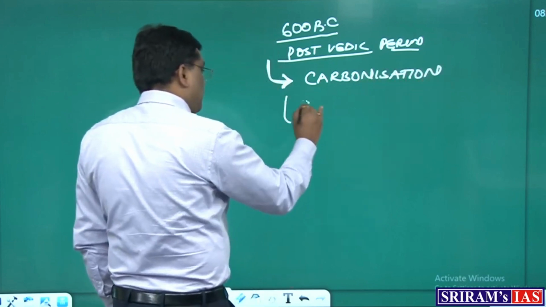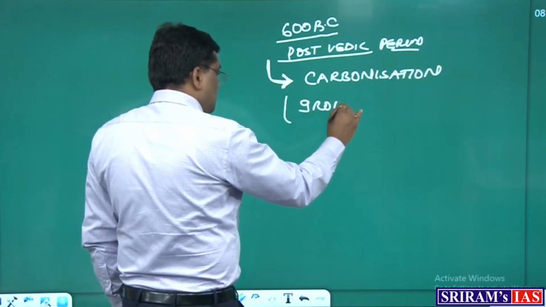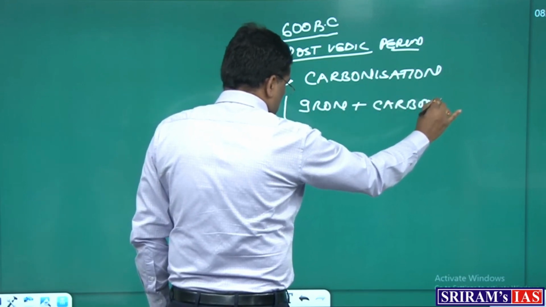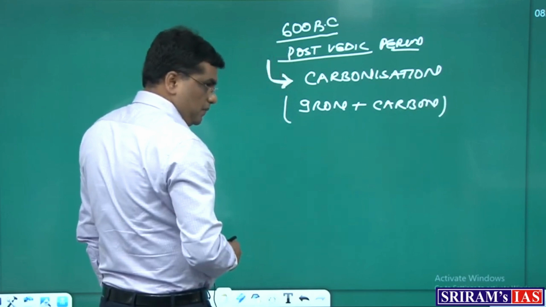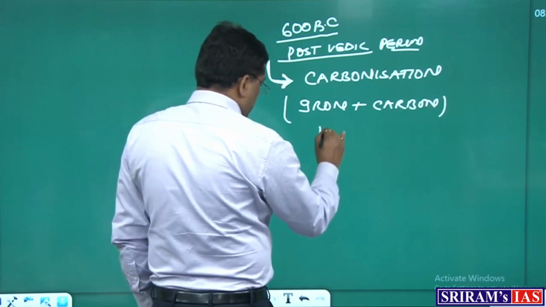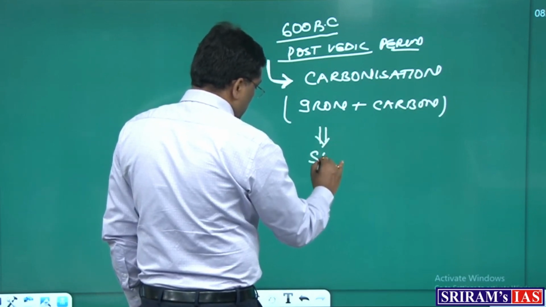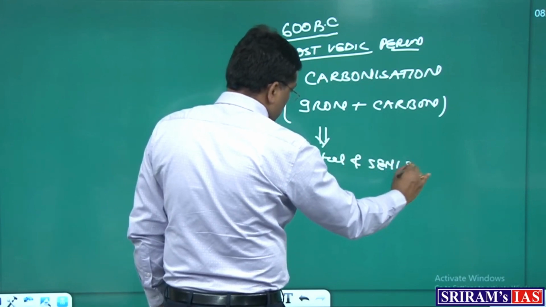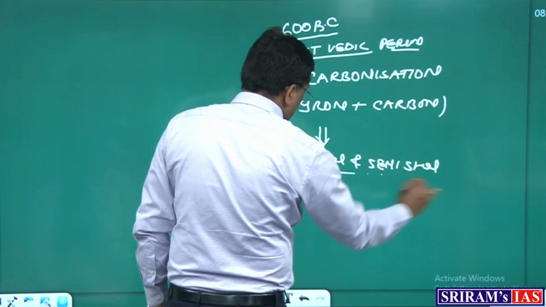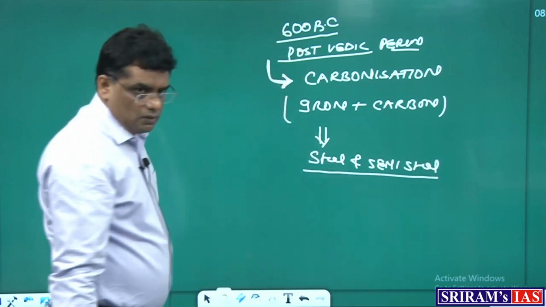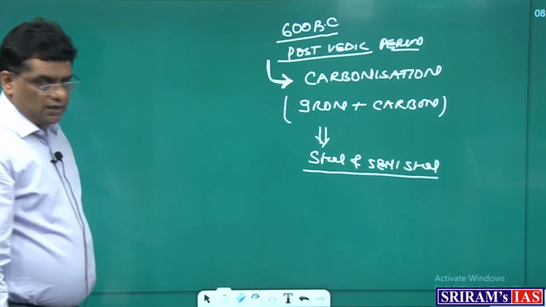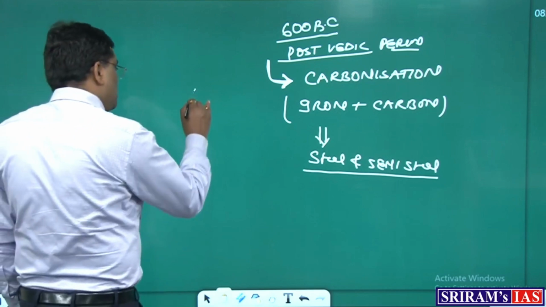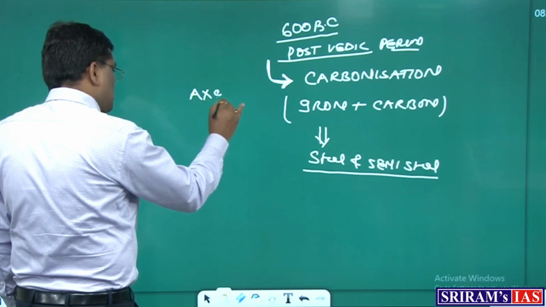The technique of mixing iron with carbon is called carbonization, and therefore it produced steel and semi-steel.